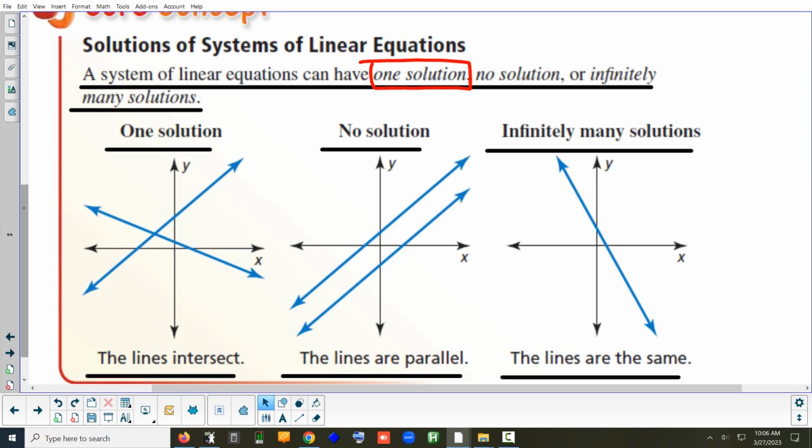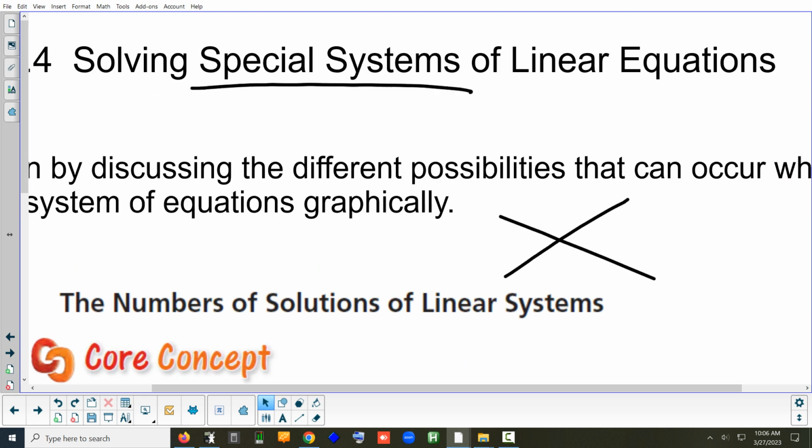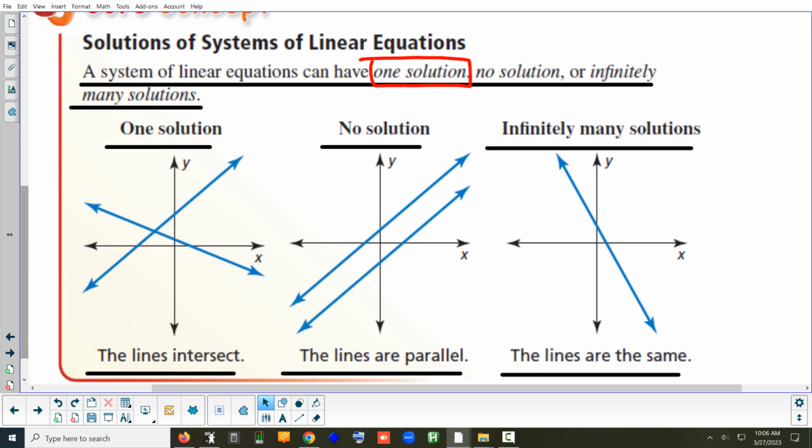We spent 2 weeks on solving problems that only had one solution, and we did some in the warm-up as well, so I'm not going to review too many more of those today. The focus today is special cases: either no solution or infinitely many.